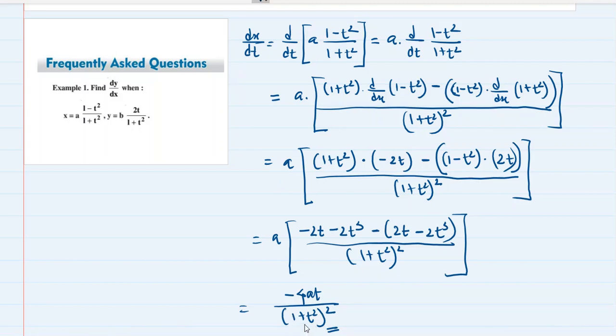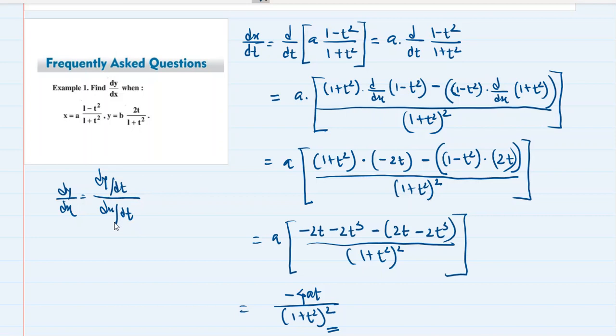No need to expand this, okay, because anyhow we have to find dy by dx, and we know that dy by dx is dy by dt upon dx by dt.